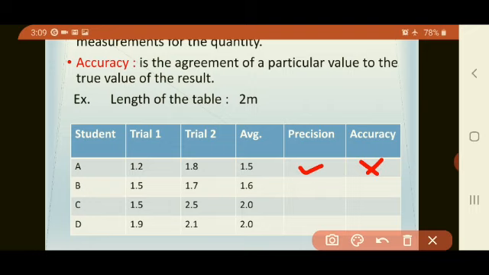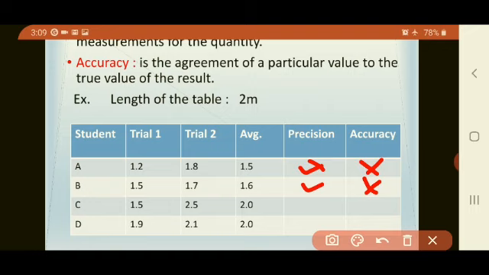Here also the difference between the readings is very small, so it is precise. Now when you compare A and B, the first student does not have precise readings, because there is a difference between them. The average value also is not equal to the true value, hence accuracy is also not there.